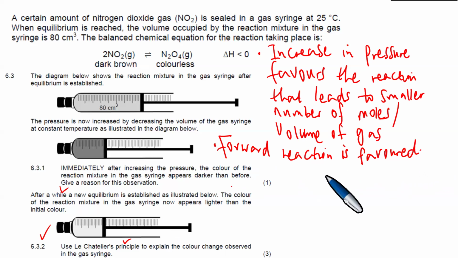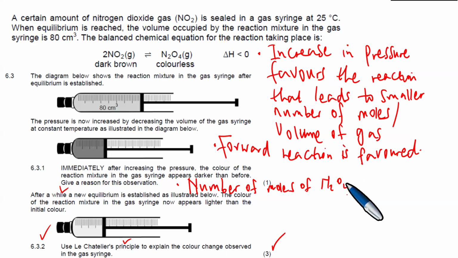The point is the number of moles, because there are 3 marks here. So the number of moles of N2O4 increases.